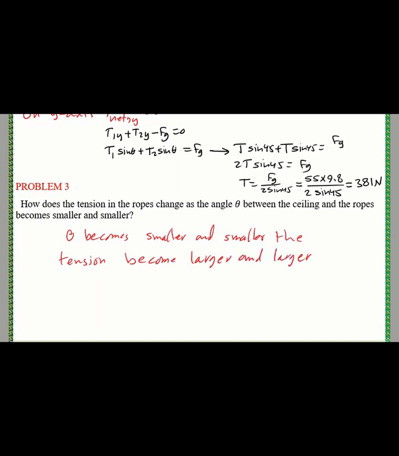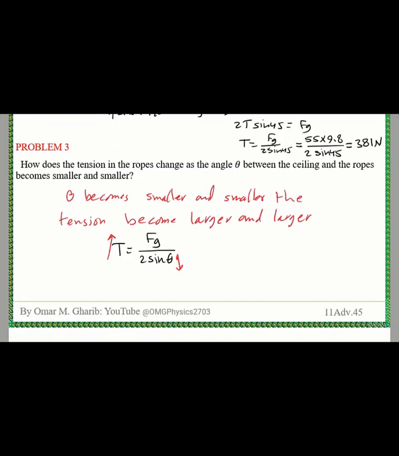And it is obvious by the equation T equals Fg, which is constant, over 2 sine theta. So as theta decreases, the sine will decrease, which means the tension will increase because it's inversely proportional to sine theta.